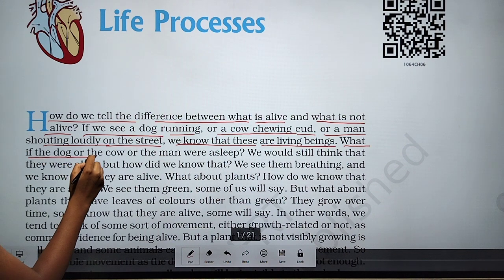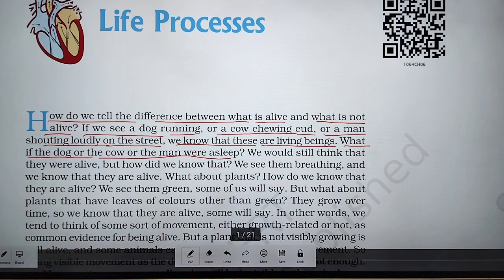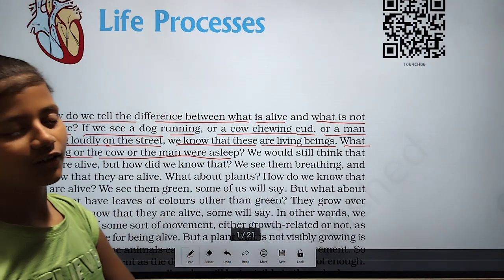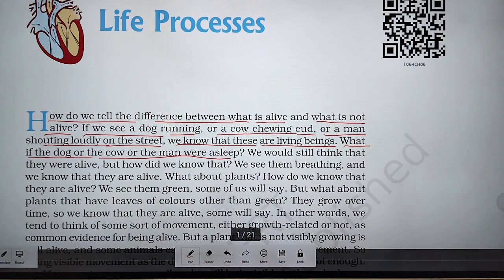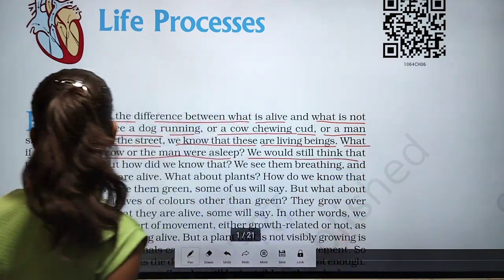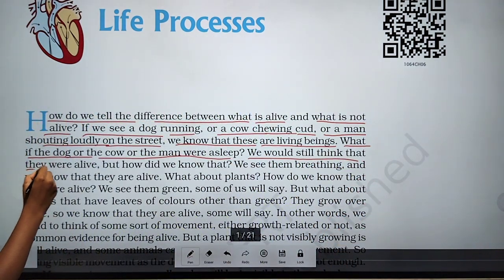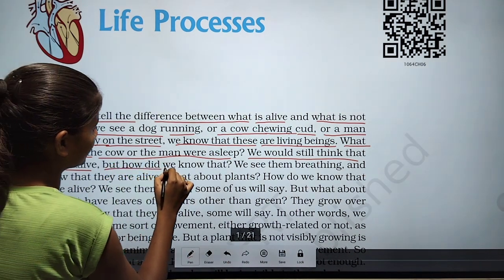What if the dog or the cow or the man were asleep? Okay, here is also a question. We would still think that they were alive, but how did we know that?